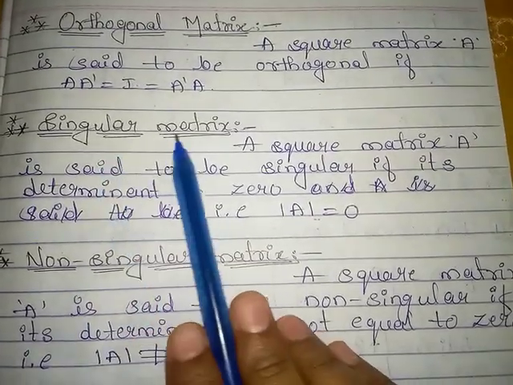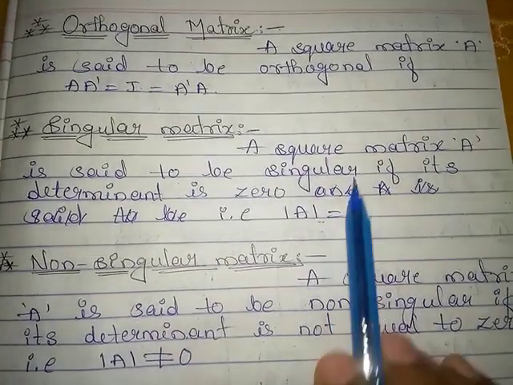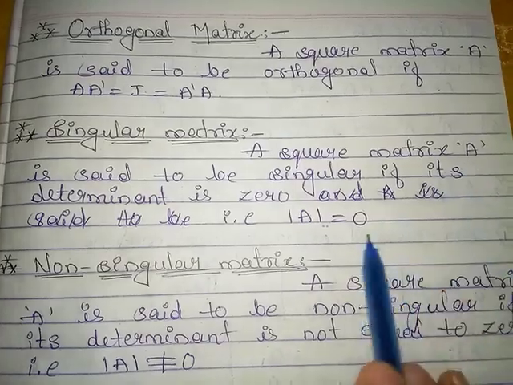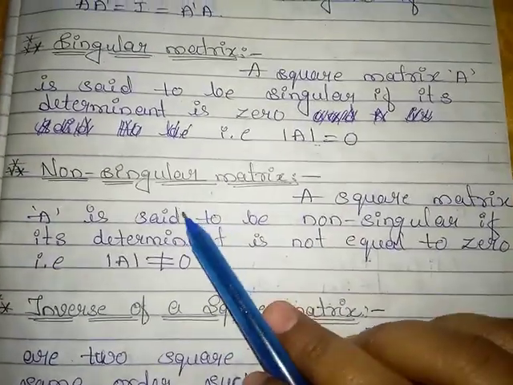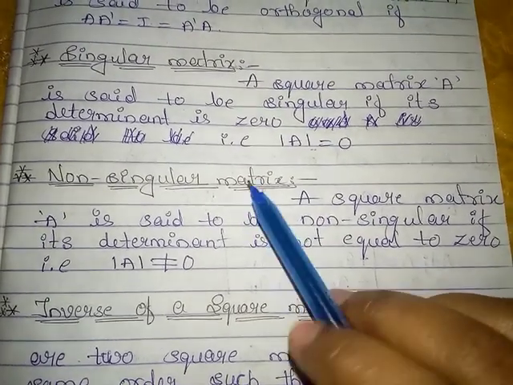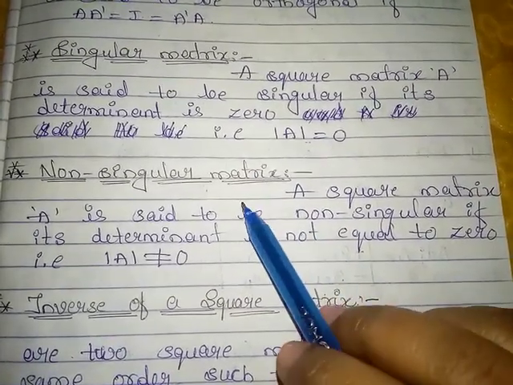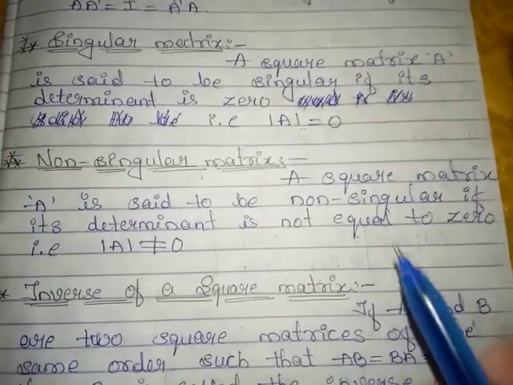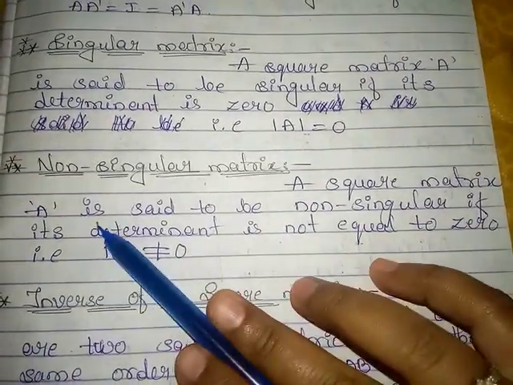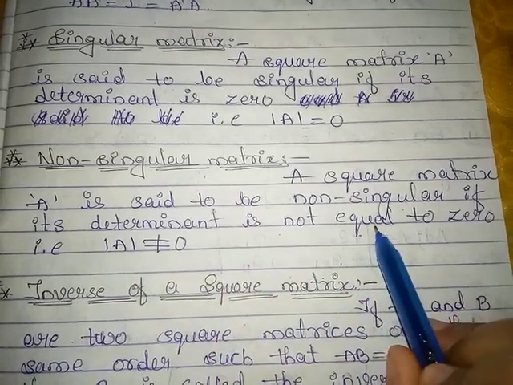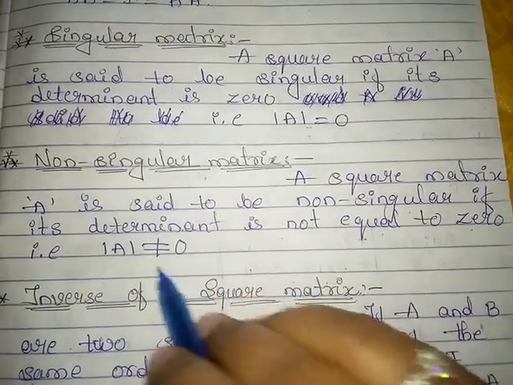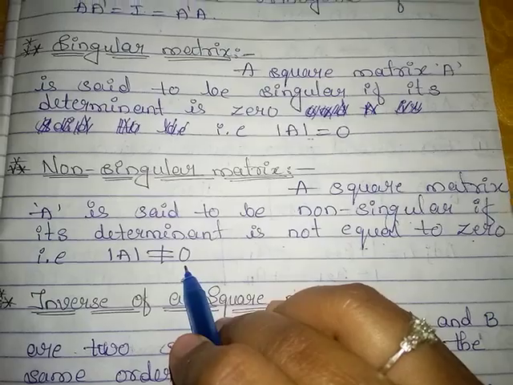When we say the matrix is singular, the determinant of that matrix is equal to 0. Next is non-singular matrix. A square matrix A is said to be non-singular if its determinant is not equal to 0. That is, determinant of A is not equal to 0.